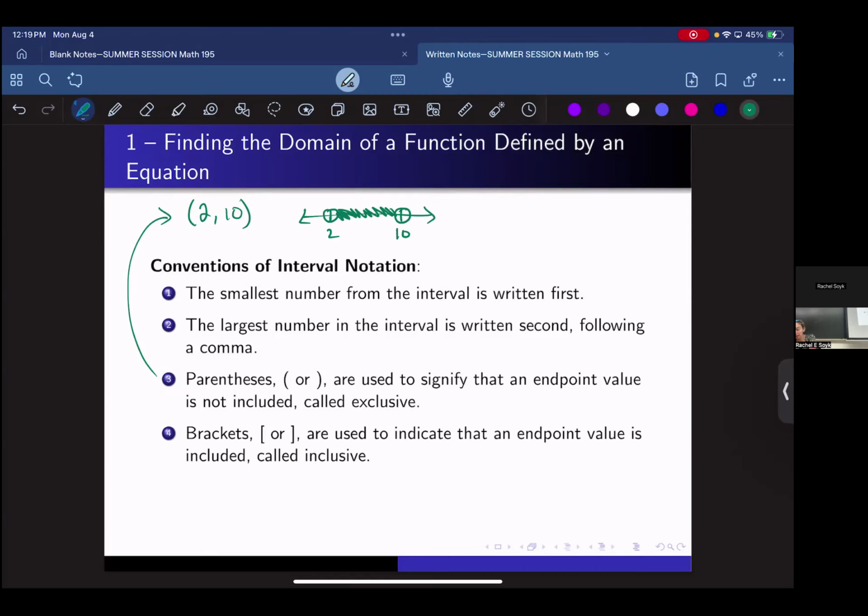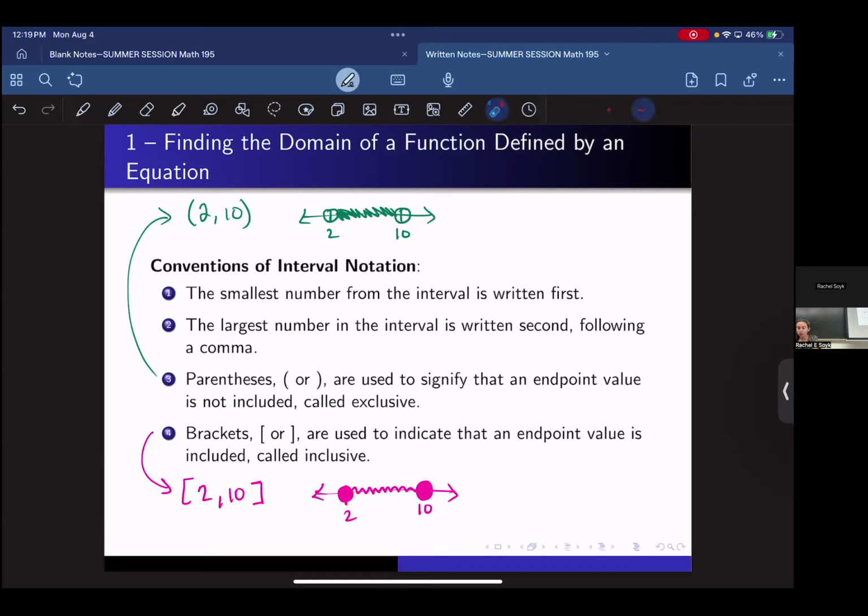Whereas the hard brackets that you see down here will include those numbers. So if we have a domain that represents values between 2 and 10 and including 2 and 10, we're now looking on a number line where instead of it being an open circle, it's a closed circle at both 2 and 10, because we're including those two values as well in our domain.